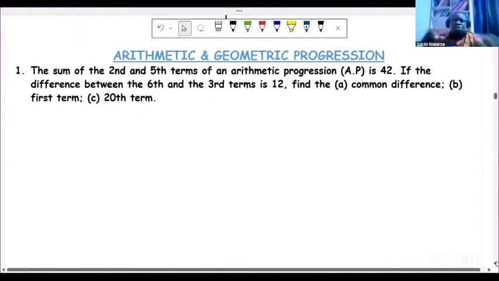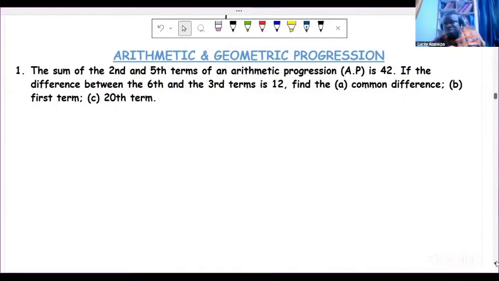This is one topic you can't avoid. You meet it in both theory and in the objective paper. So let's interpret.